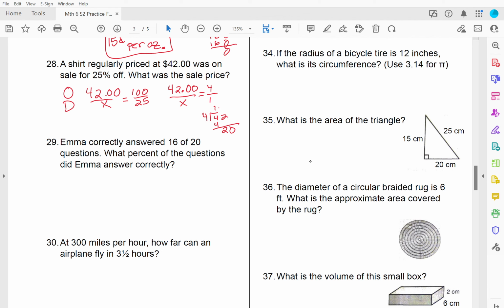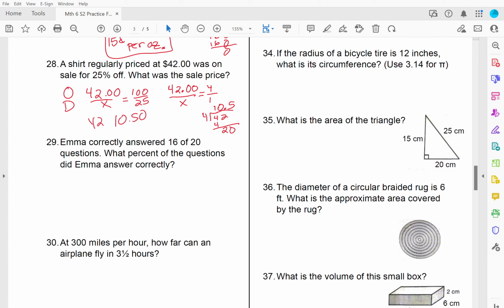Alright. Now, 4 goes into 20. How many times? 5. So it's 10.5. $10.50.